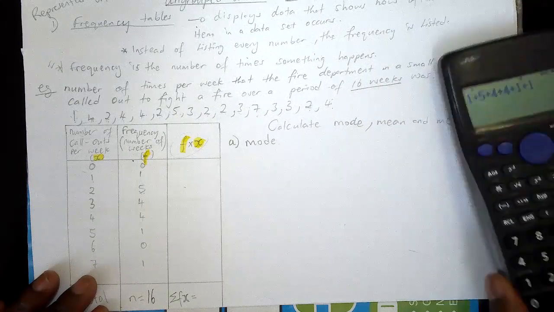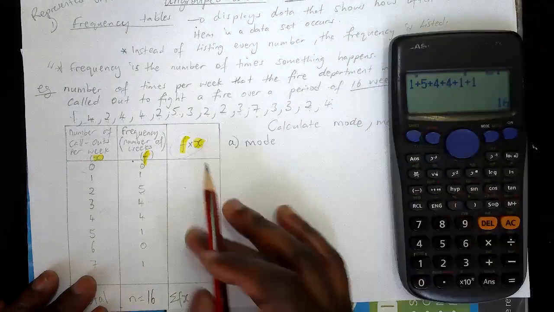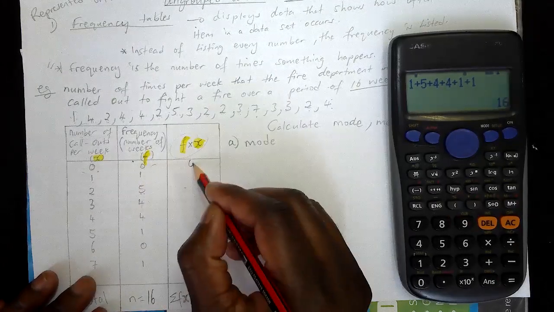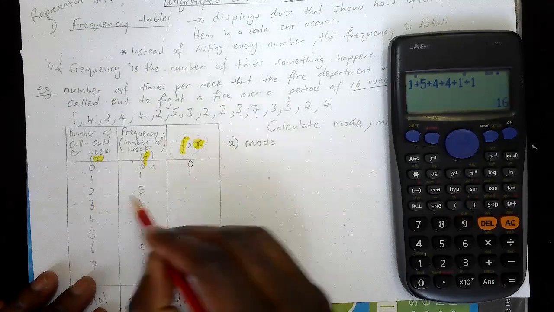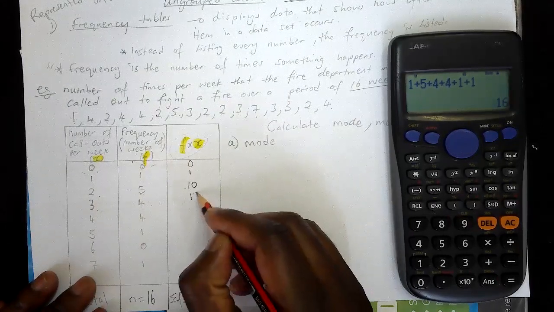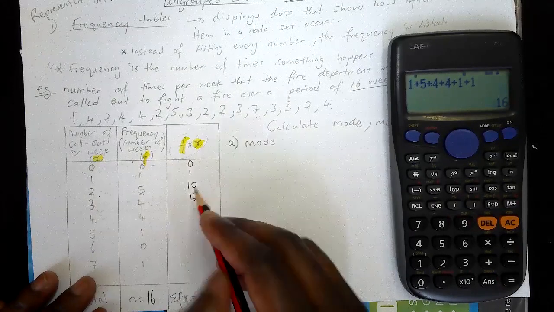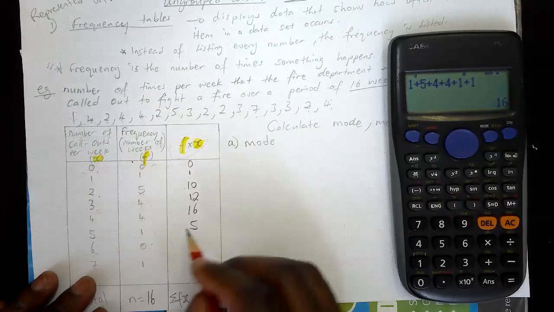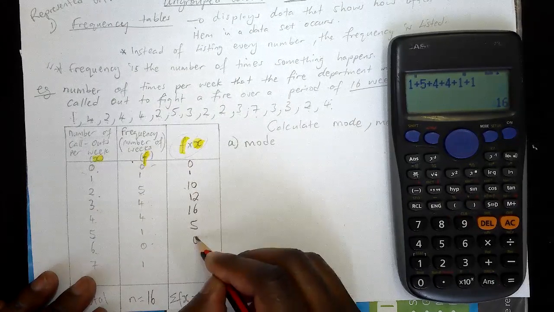Now our Fx: we are multiplying 0 times 0, we get 0. 1 times 1, we get 1. 5 times 2, we get 10. 3 times 4, we get 12. Then 4 times 4, we get 16. 5 times 1, we get 5. 6 times 0, we get 0.